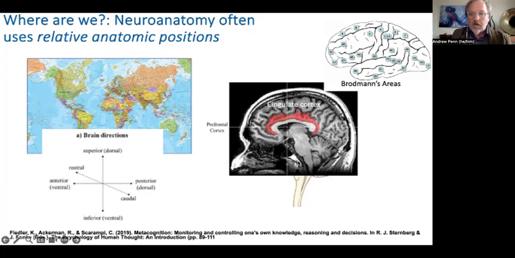And we also have terms that sometimes are descriptive, like the substantia nigra, which means literally black stuff in Latin, because it is a pigmented area of brain tissue that's related to movement disorders and smoothing of movement.